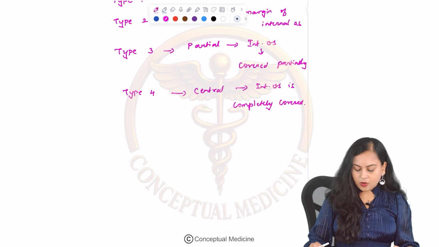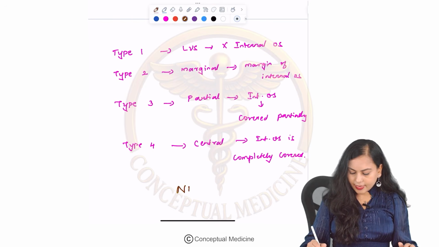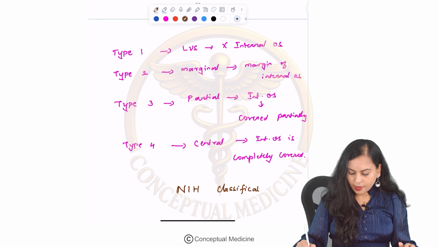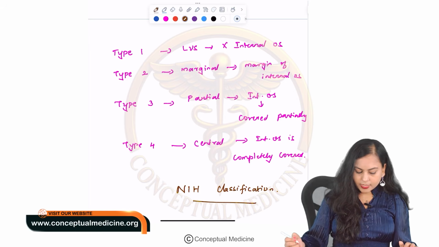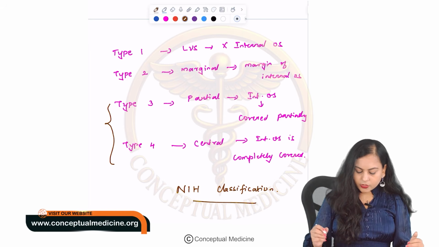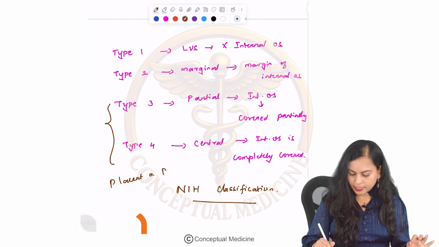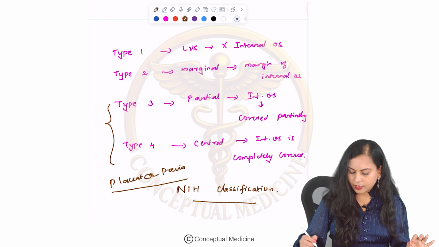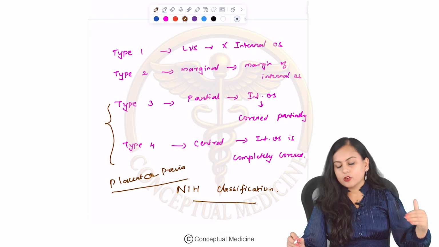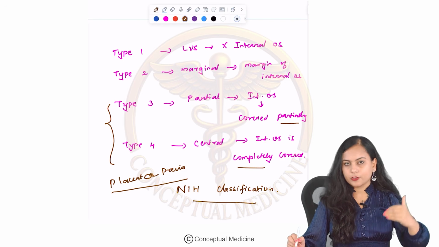Now we have a new classification called the NIH classification, which is the latest classification for placenta previa. We take these two types together as placenta previa itself, that means it covers the internal os either partially or completely, that is partial or total placenta previa.